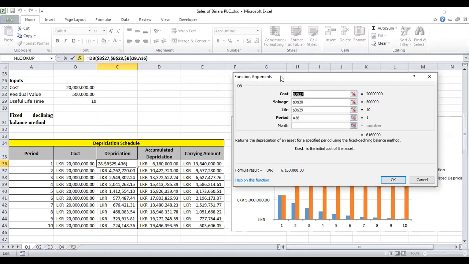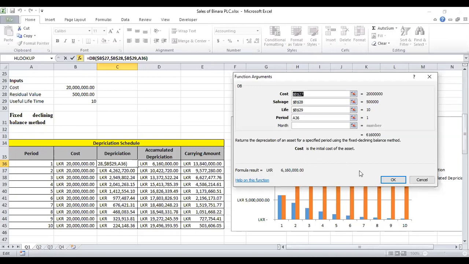So because of that, the selection of this period is very important. Usually what we do is give it as a reference. When we are developing the depreciation schedule, we make a reference there. So here you have very correctly made that reference, that is A36. And then once you drag that, it changes accordingly.